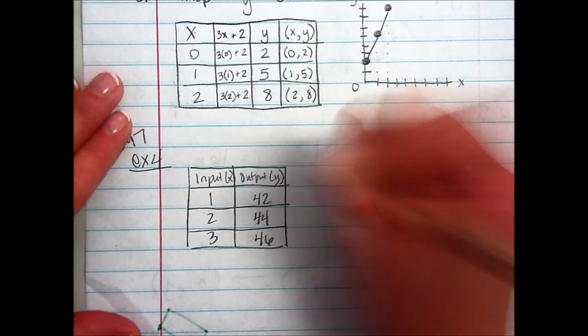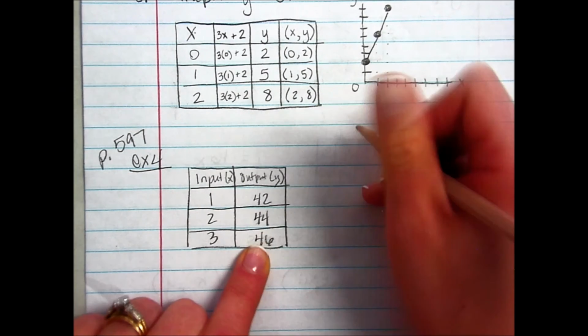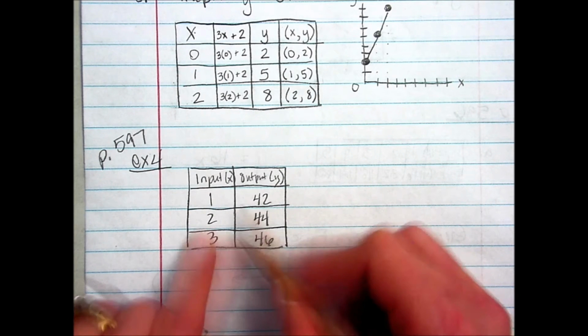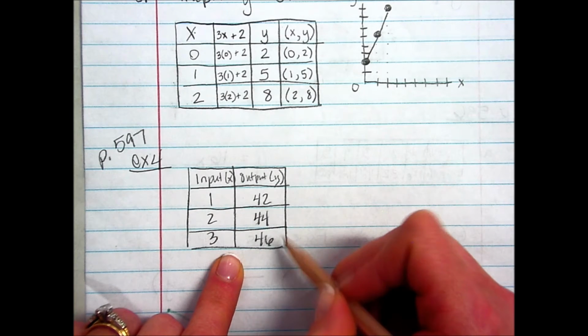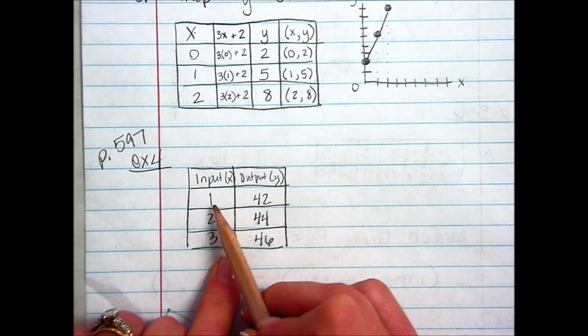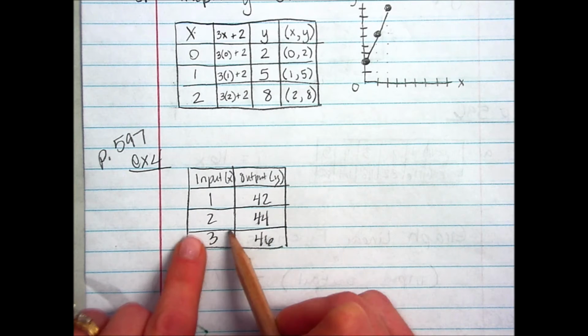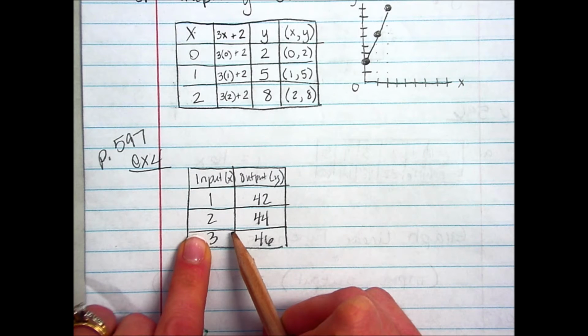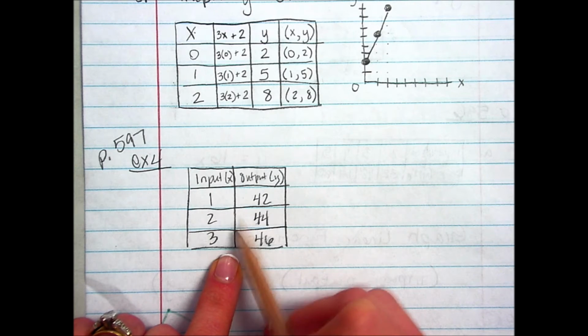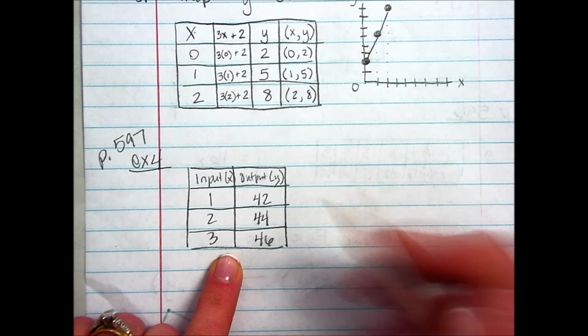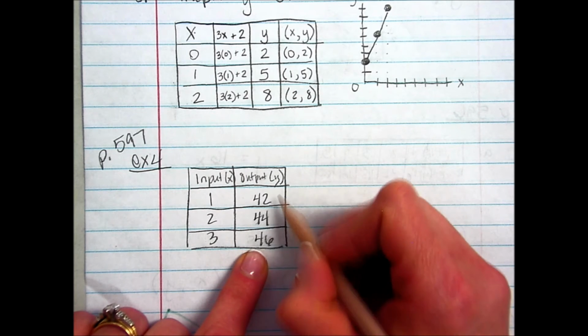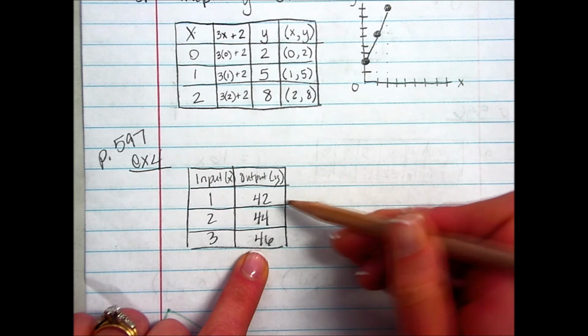All right, so what we have to do is first realize that it's not a one-step equation. There's not one thing I could do to this one and make a 42 and do the same thing on the next row. So that tells me there's going to be 2 steps in solving that. So I'll look first for the multiplication.